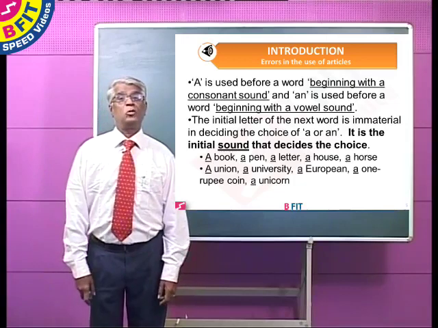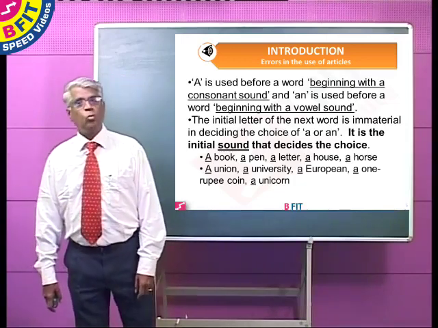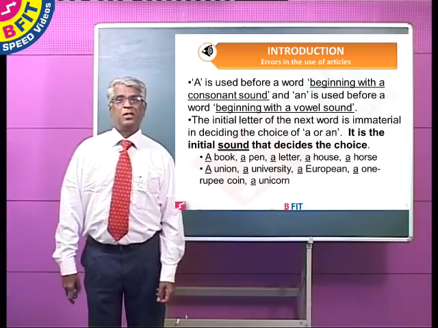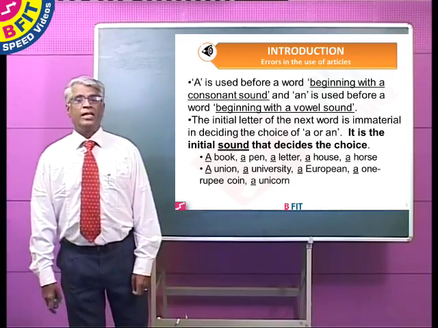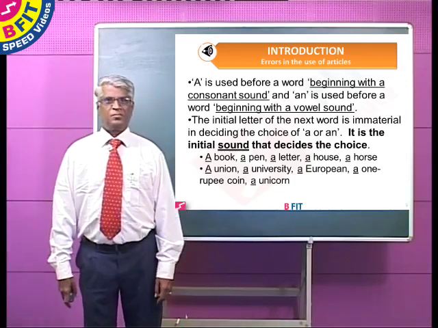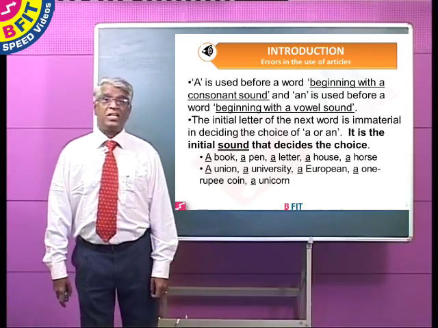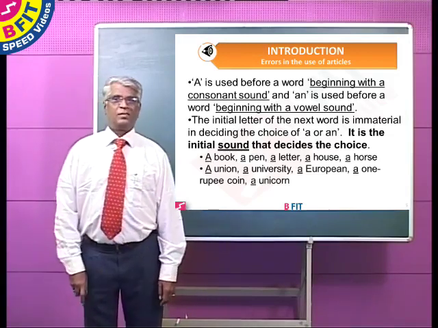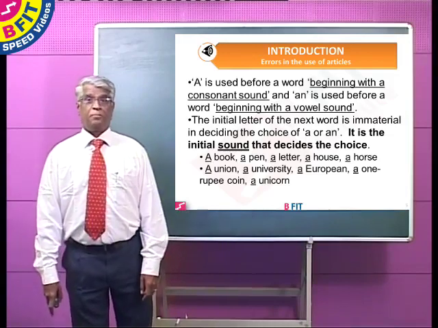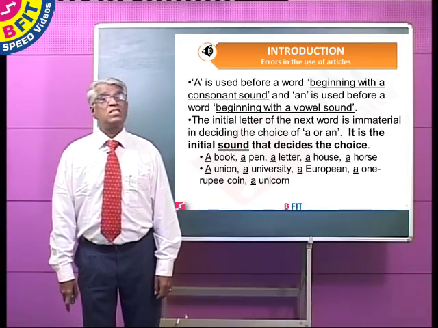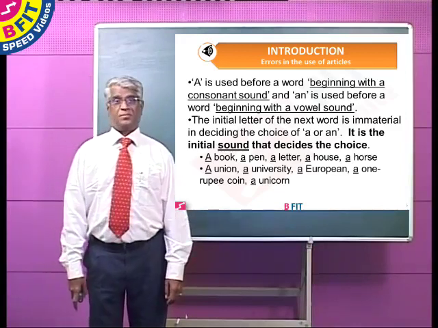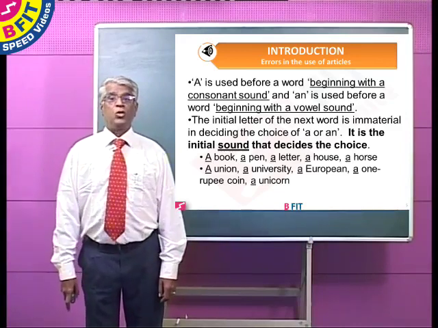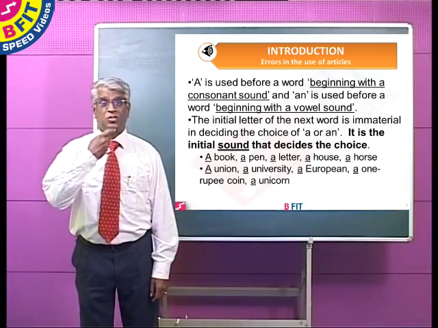We think that one rupee coin starts with the letter O. But in English, they say English is a peculiar language. In English, the pronunciation plays a very important part even in grammar. The words W-O-N and O-N-E have the same pronunciation in English. In fact, when you have to pronounce the sound W, you have to round your lips.